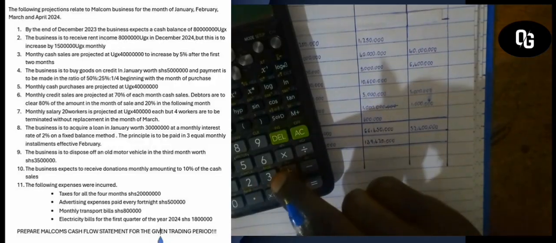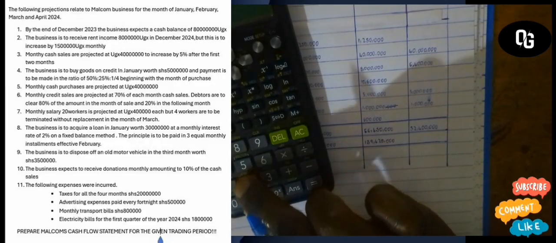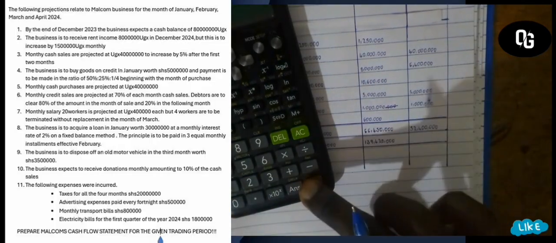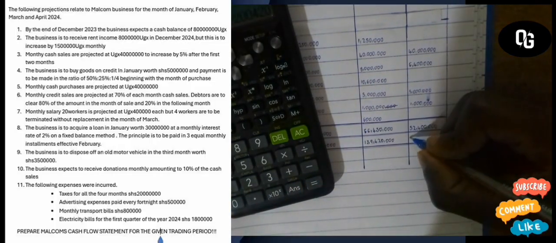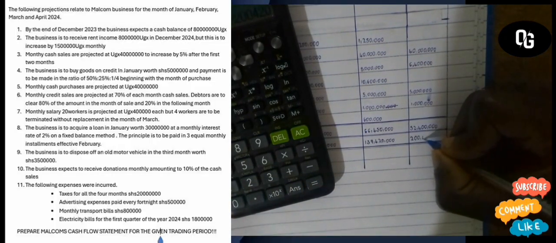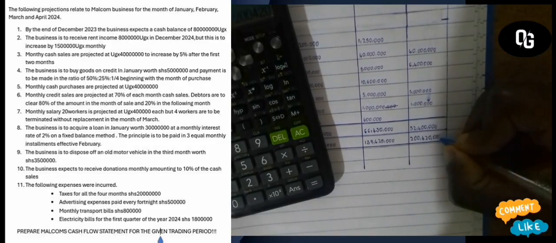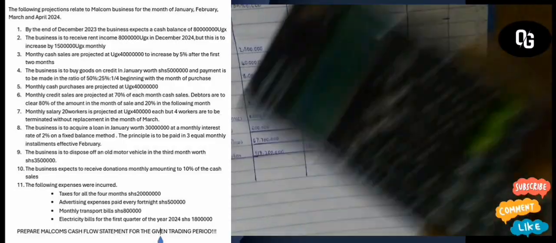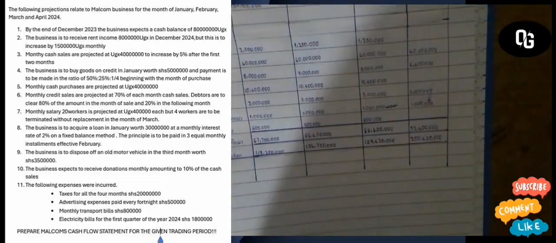So after obtaining this, we're going to obtain our net cash position by subtracting 52,400,000 from 252,820,000 to give us 200,420,000. So that is our cash flow statement, everybody.